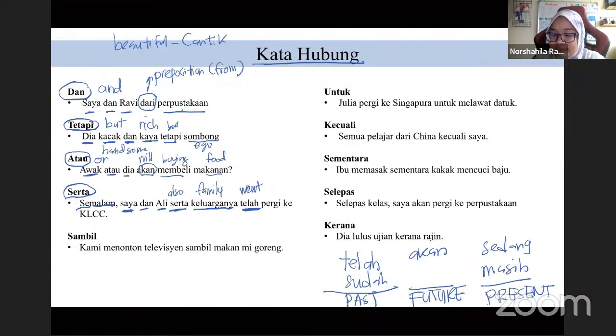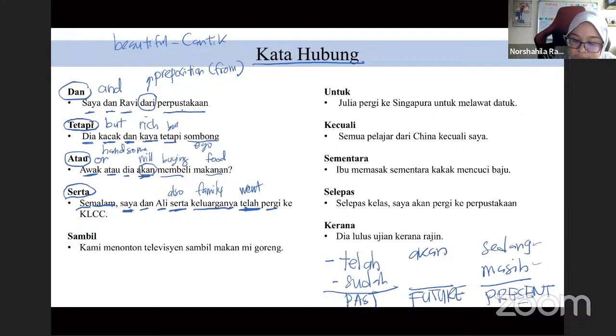We have telah, sudah for past, that means this one is already past. Future, akan, so will. For present we have sedang and also masih. So this is the past, future and present for Bahasa Melayu.